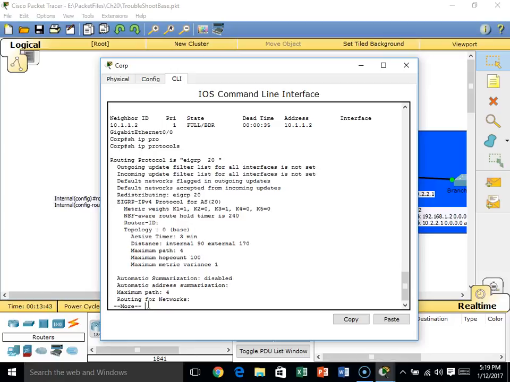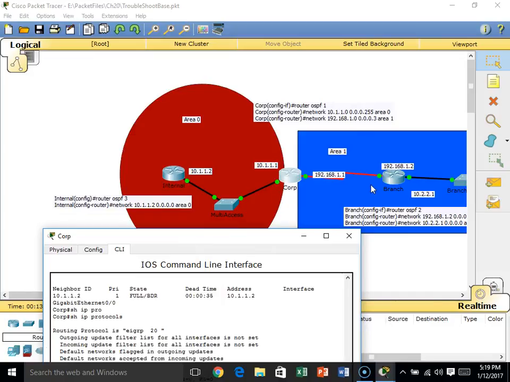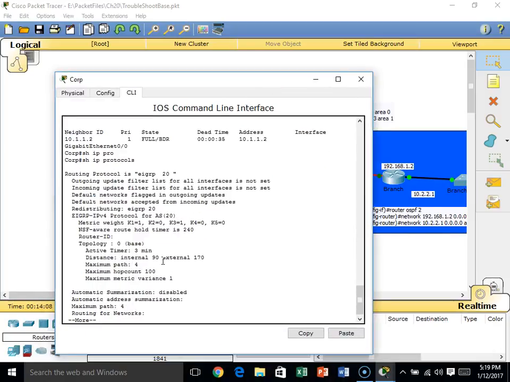The only way I know to get an EIGRP route is to actually have the protocol running someplace else. I guess I know how I could have done this, but I didn't, which was to put another router out here with EIGRP on it. Because what we're doing is a redistribution of routes into OSPF, and I'll show you that command on the other router in just a second.